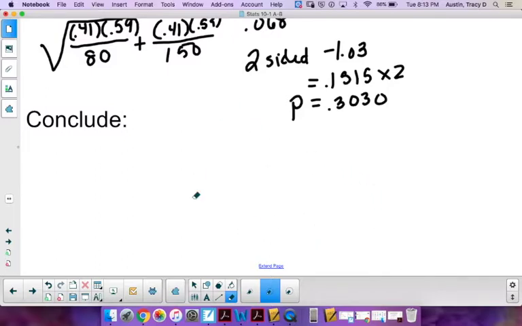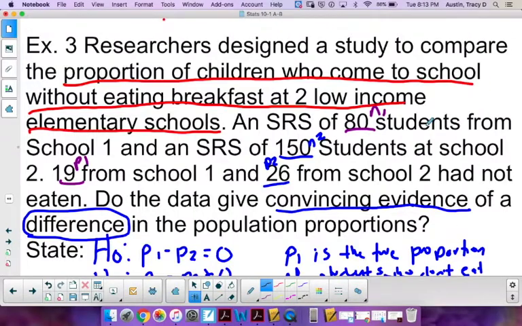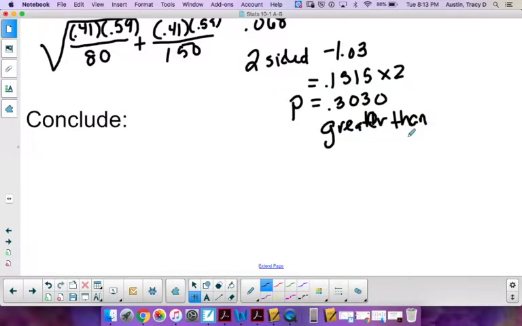Okay, so now our conclusion based on our p-value. That is greater than whatever alpha reasonably that you would pick, because this wasn't stated, so you got to pick your own, right? It just says, does it provide evidence? If we do alpha equaling 0.05, that would be fine. We could also do alpha equaling 0.10 or 0.01 if you wanted to.